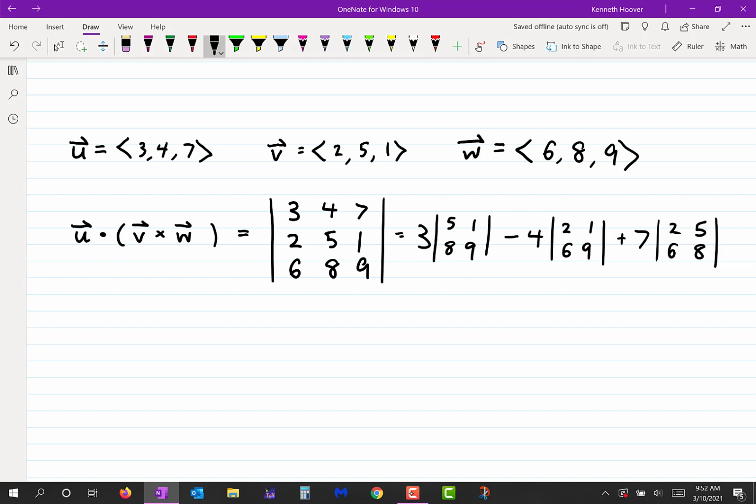Let's finish calculating it. That's going to be 3 times, there's 45, minus 8 would be 37, right? And then minus 4 times 18 minus 6, which would be 12.